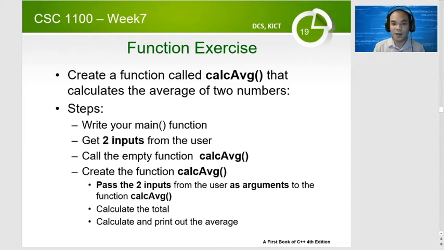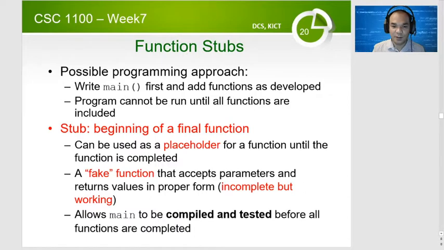So you can call the function calculateAverage, and it will pass the two inputs from the user as arguments to the function. The idea is to calculate the total and print out the average of these two numbers.